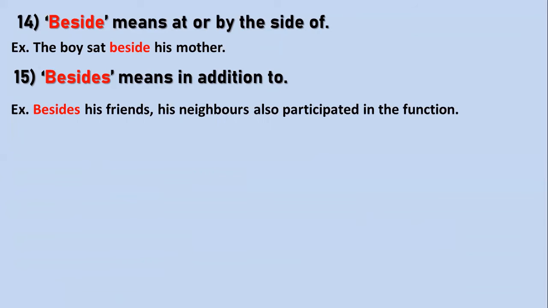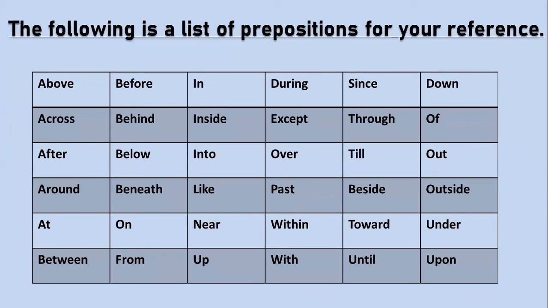So these were some of the 15 prepositions which we have seen here, and the general rules on how to use them. Let's see the entire chart of the different prepositions. You can have a glance over here.